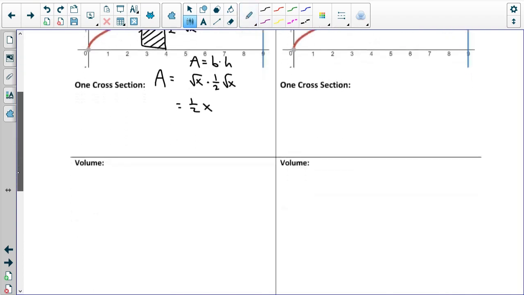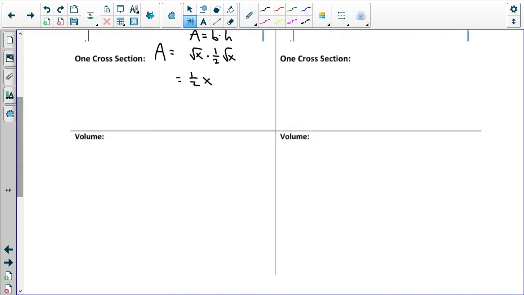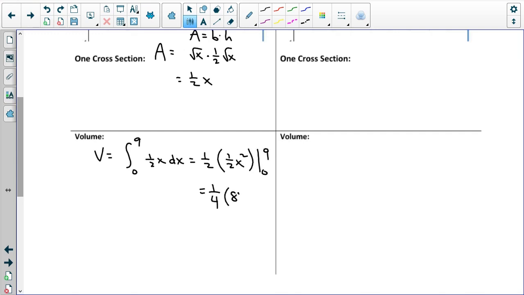So that's pretty simple and straightforward. So I just integrate from 0 to 9 of 1/2 x dx. So that's 1/2 times 1/2 x squared, evaluated from 0 to 9, which is 1/4 times 81, or 81/4.